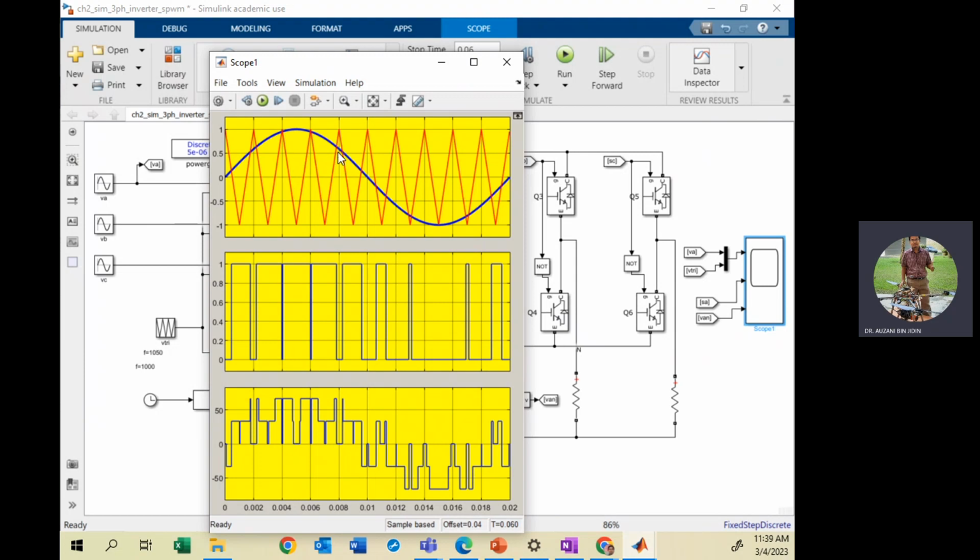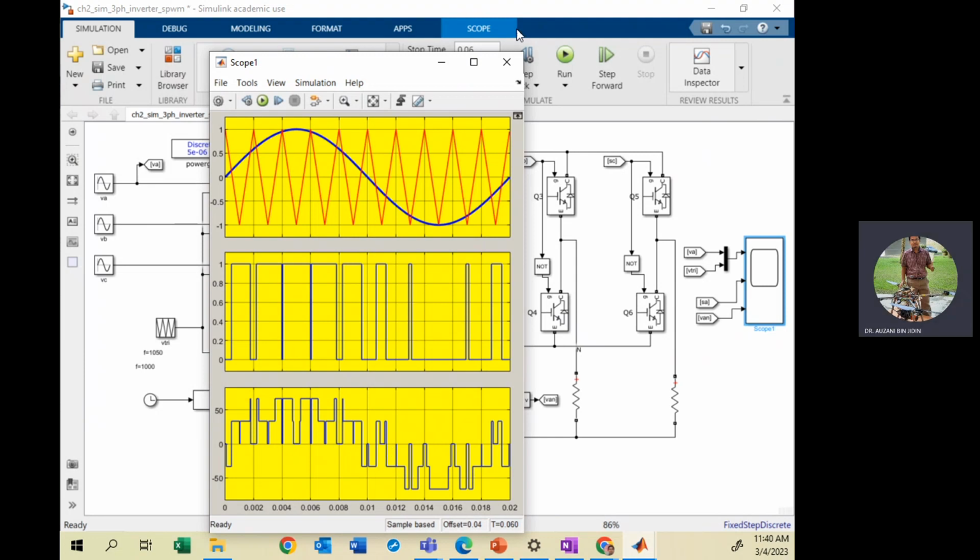Otherwise, for example at this point and this interval, the blue color is less than the triangular, right? So that's why the state will be 0. This is just to verify what we have discussed.